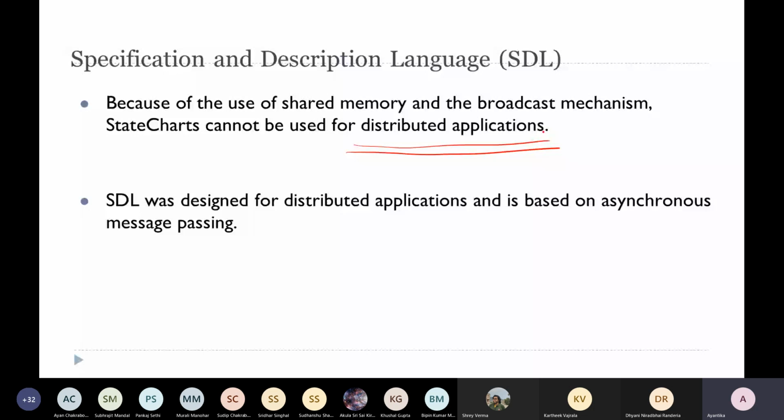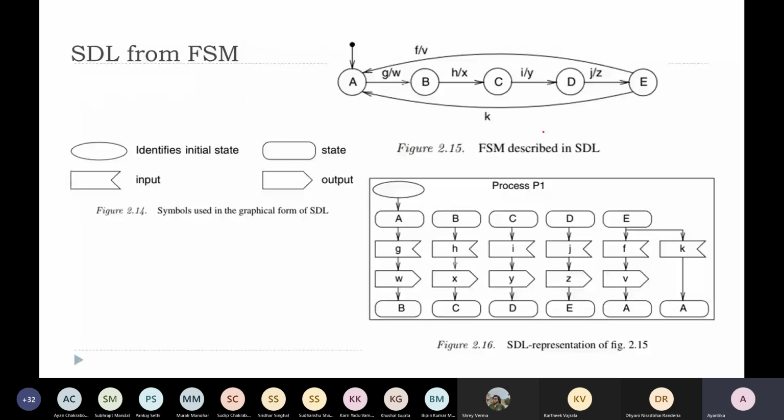So in that way they are distributed applications, and handling of distributed applications is mandatory, and that's why SDL, or Specification and Description Language, came into picture, where it shows basically a very similar concept. That's why we are quickly discussing this type of model.